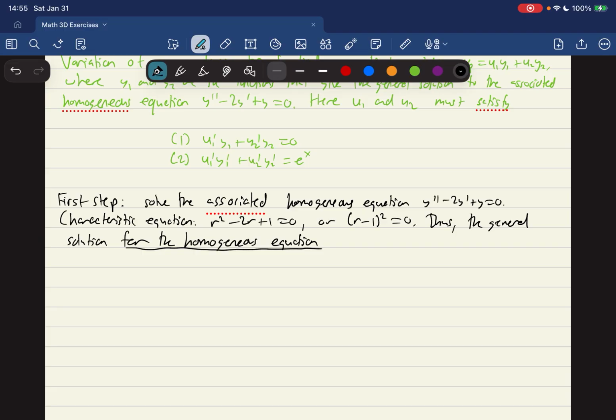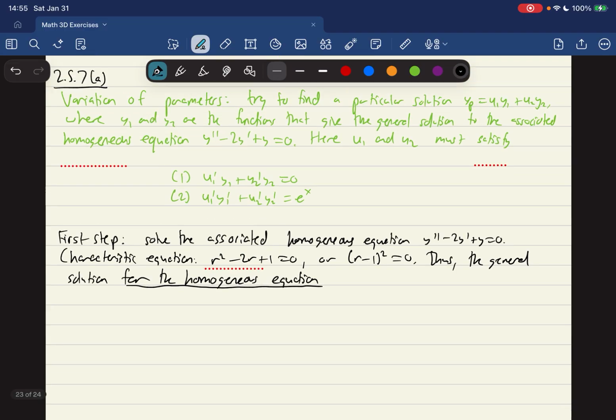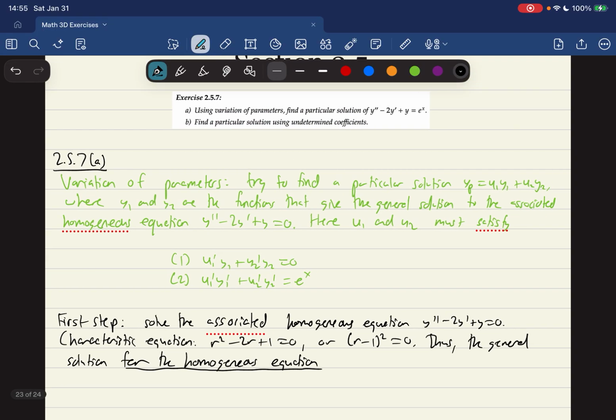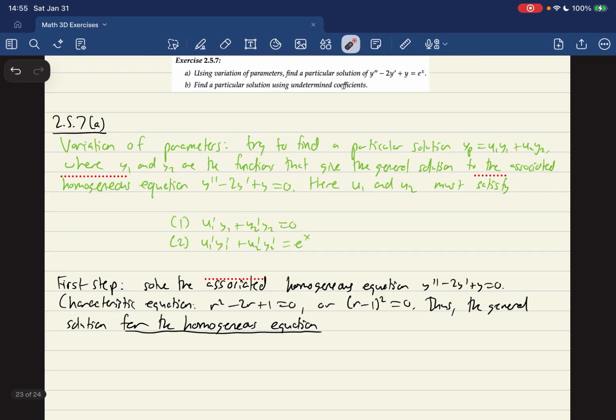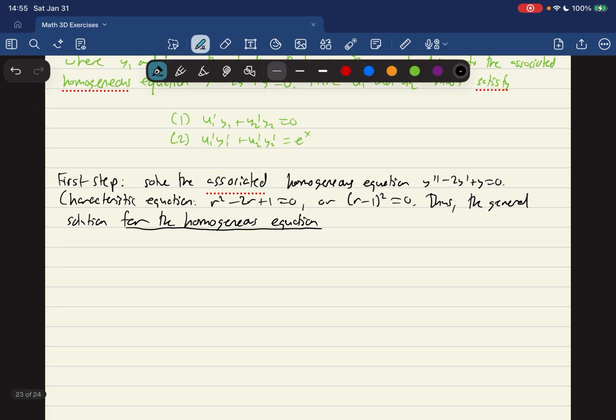And we don't care about that general solution. Again, this problem only wants us to find the particular solution here. But I think it's just good to highlight this. So for the homogeneous equation, again, y equals c1 e to the x plus c2 x e to the x.